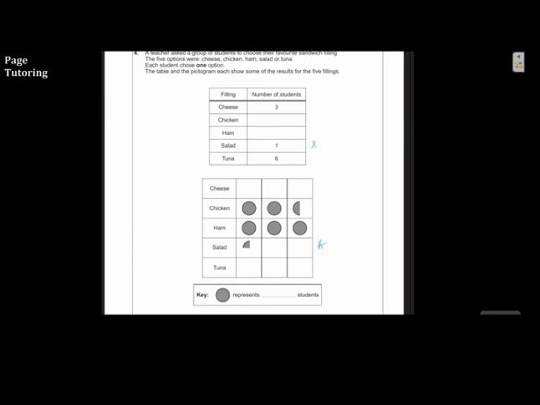So that salad, there's one student who's having the salad, and that corresponds to a quarter of the circle. So cool. Now we know that a quarter of that circle equals 1 student, which means 4 quarters, so a full circle must represent 4 students.